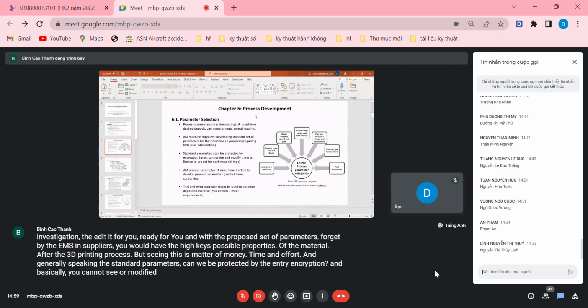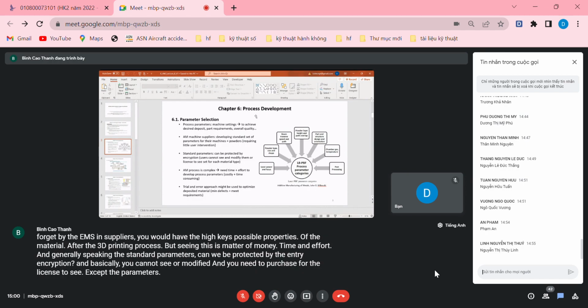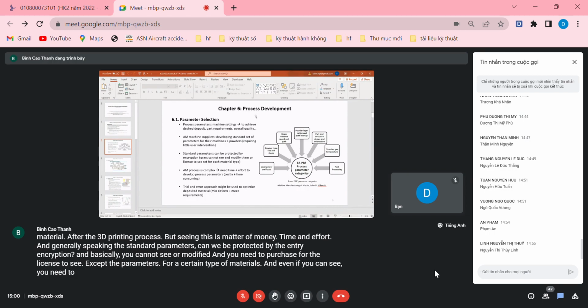You need to purchase a license to see each set of parameters for a certain type of material. And even if you can see, you need to keep them confidential, because it's protected by copyright.